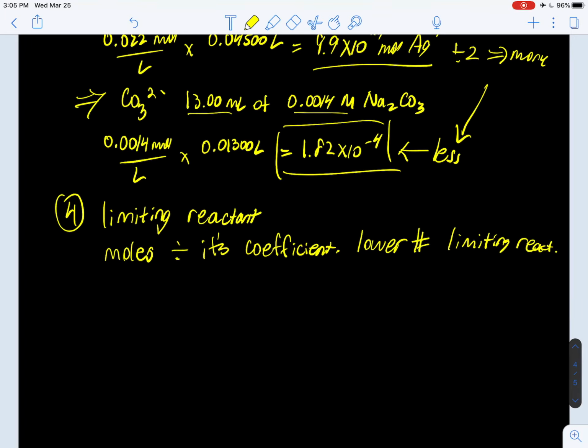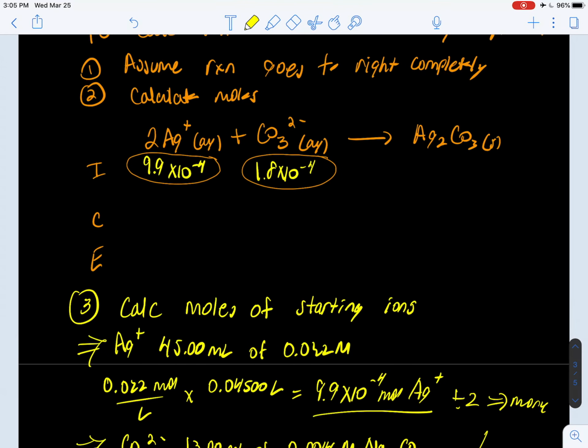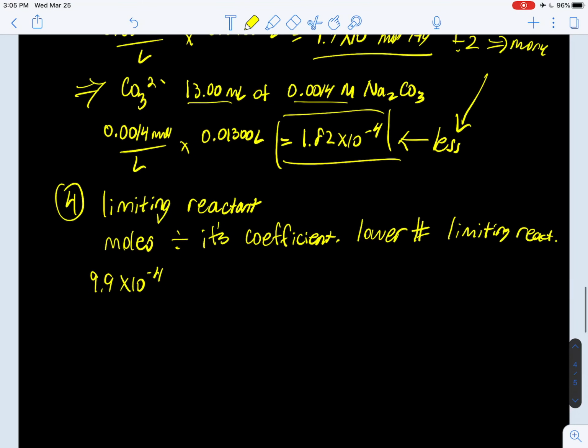So we had 9.9 times 10 to the minus 4, and in this chemical reaction, it requires 2. Right? So you want to divide that by 2 and get the number. Over here for carbonate, so this is for the silver ion, this is for carbonate, you want to take this guy here and divide by 1.